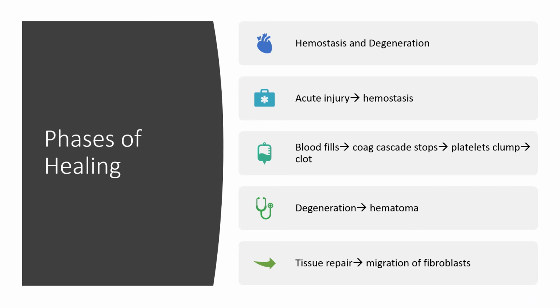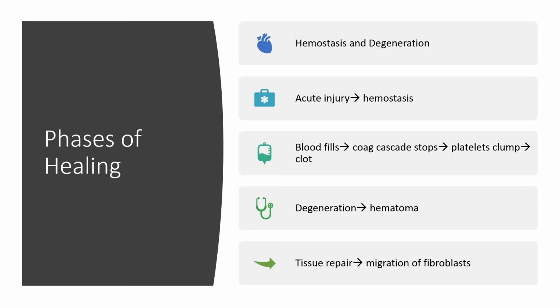Immediately after an acute injury occurs, hemostasis is going to occur in order to attempt to stop the bleeding by initiating coagulation. The platelets are going to release bioactive proteins that can act as chemical messengers that summon inflammatory cells to the wounded tissue.